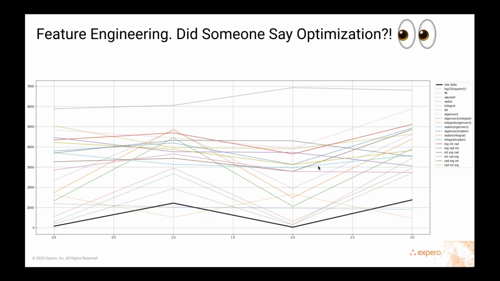And this is a small subset of the stuff we tried. It got too busy when I added more things to it. And as you can see, one stands out in particular. That's not by accident. I chose it just for this display, of course. I believe there were some other deterministic transforms that happened at this time, but the main thrust of this is that we use the eigenvector decomposition of the integral transform of the input data, which gave us the best difference in input features.